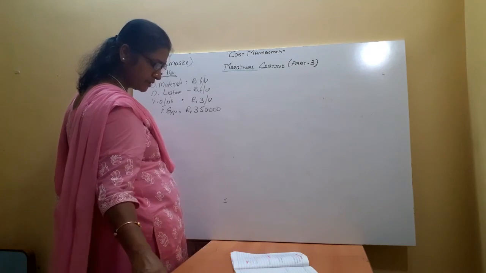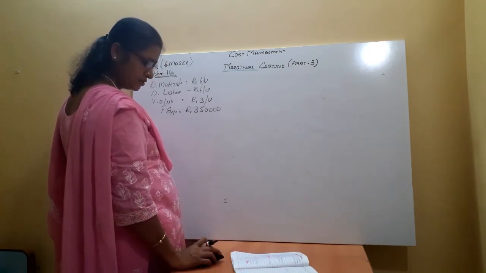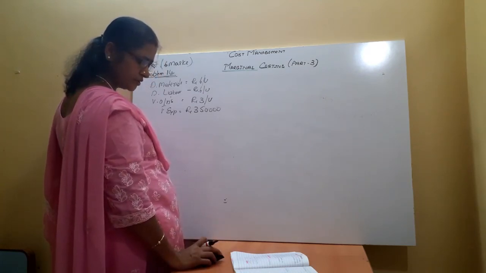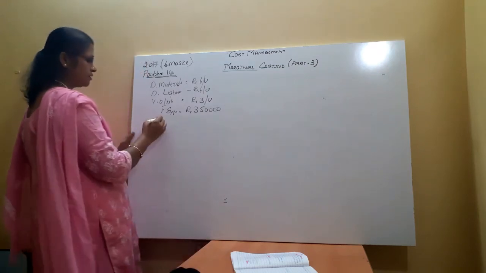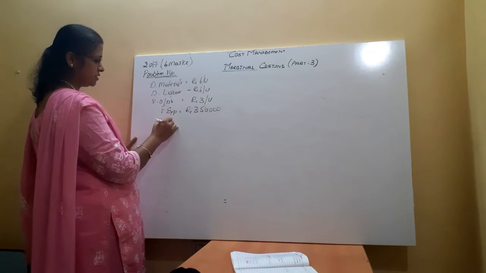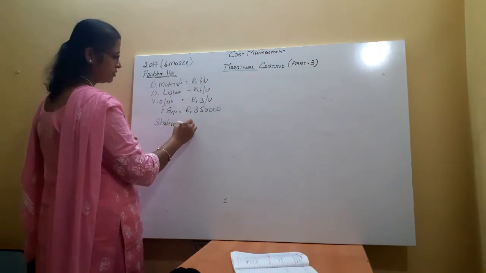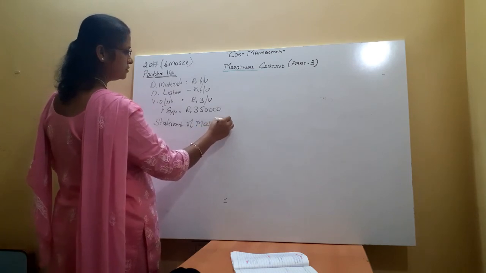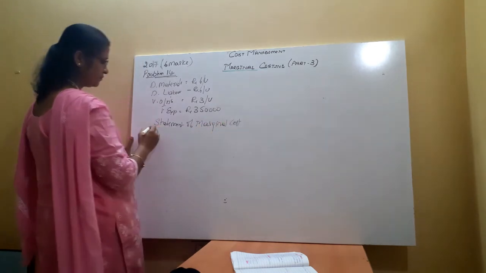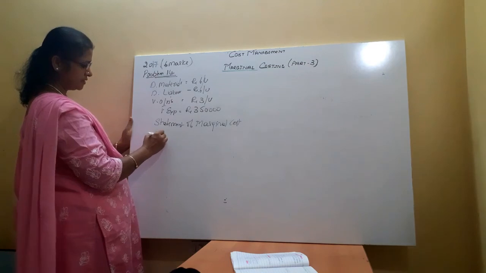Prepare a marginal cost statement. They have asked you to prepare a marginal cost statement to show the profit or loss for the year and also to find the BEP. Okay, first let us prepare the statement of marginal cost. First you have to take the sales.